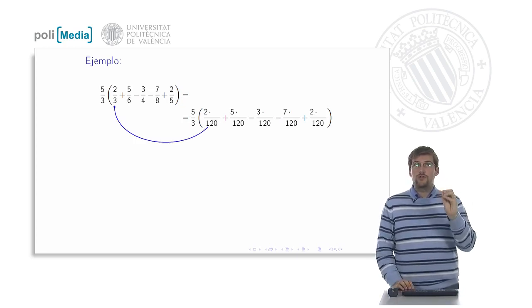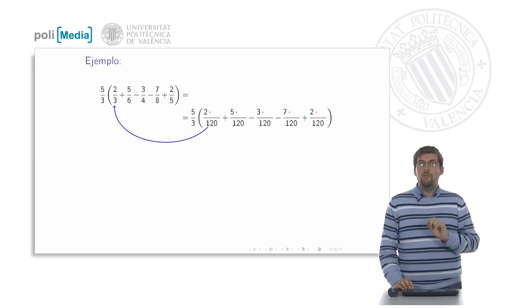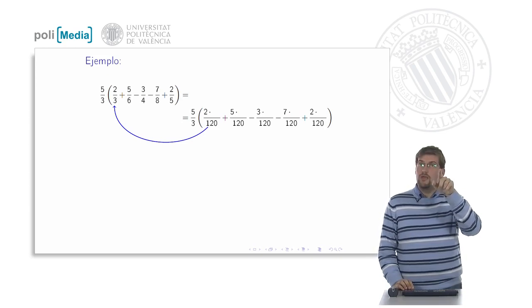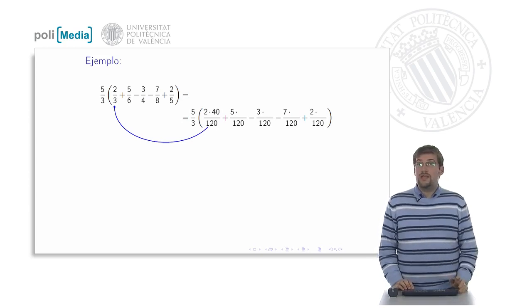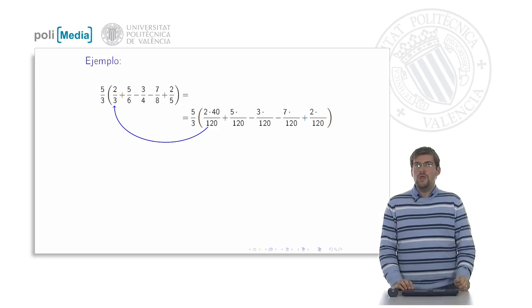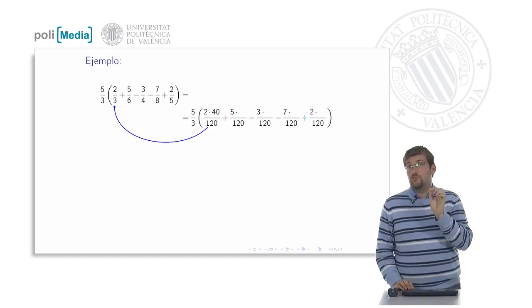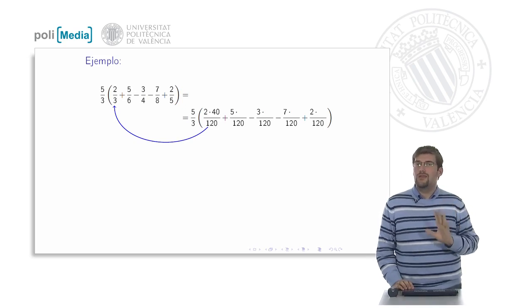We have 2/3, and what we do here is set the denominator to 120. To make this fraction equivalent to 2/3, we multiply by the division of the denominators, 120 divided by 3. 120 divided by 3 equals 40, so this fraction, 2 times 40 divided by 120, is exactly equivalent to 2/3.